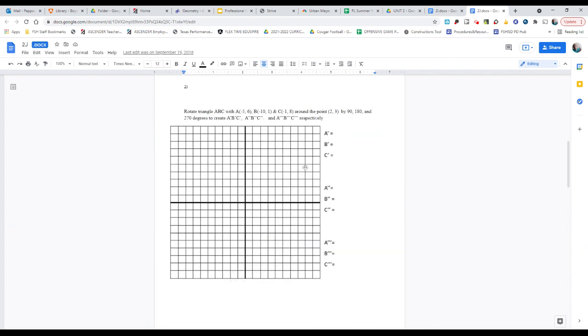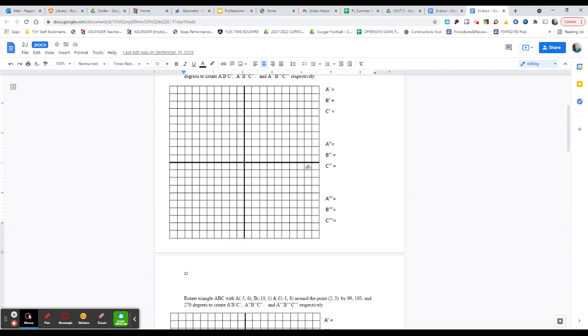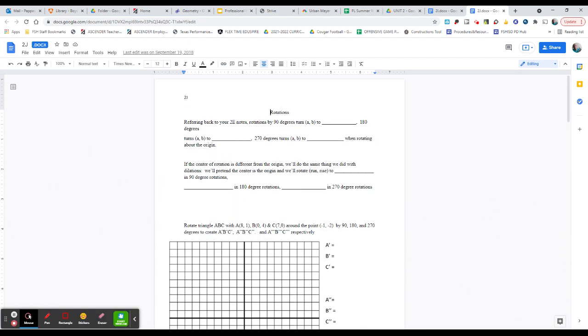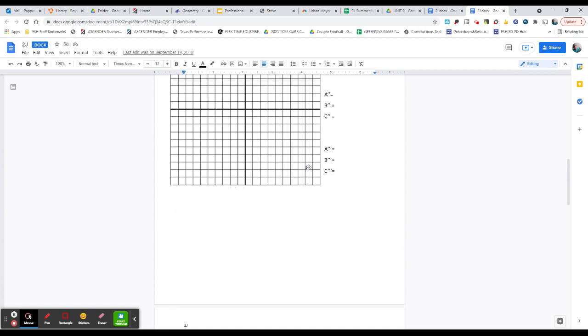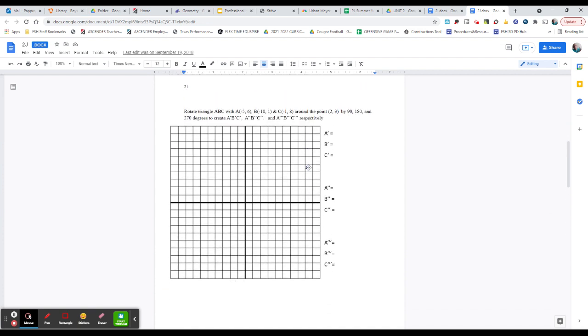All right, so if we go to 2J, with the rotations, I'm going to do this second problem here. So rotate triangle ABC here. A is at negative 5, 6, and we're at negative 10, 1, and negative 1, 8.